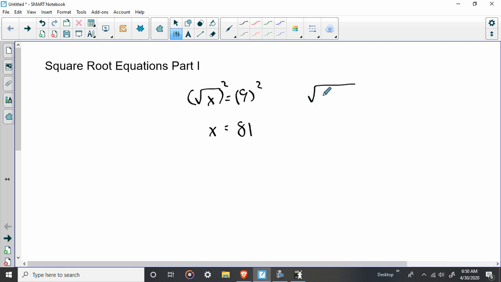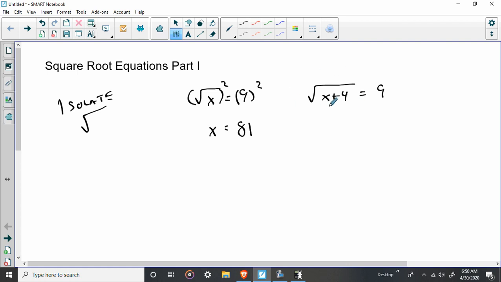Then what are they going to start to do? They're going to say something like this: the square root of x plus 4 is equal to 9. Well, now what do we do? Typically the first thing we want to do is isolate the square root. In other words, anything that's attached to the square root on the outside, which we'll get to in a second, has to be removed.